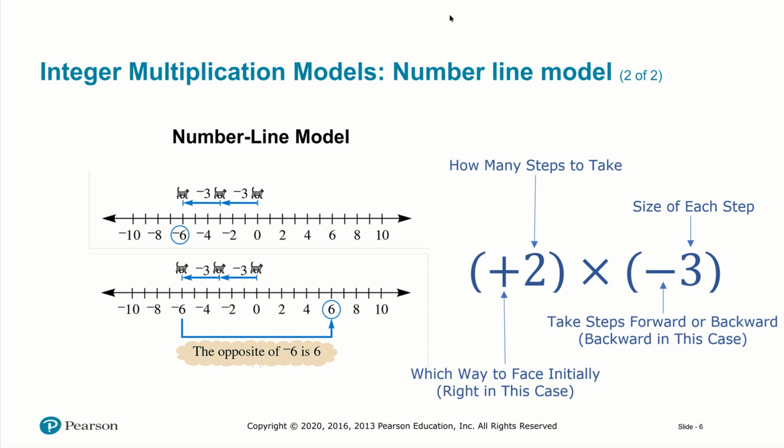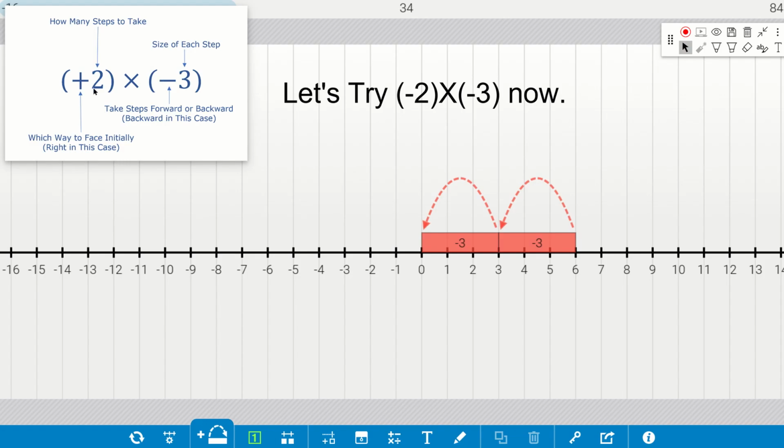I do want to take a look at one more example with this number line, of multiplying 2 negatives. So we've already seen +2 times -3, and now we're going to take a look at -2 times -3. So remember that this sign is the way you're going to be facing initially. Now this one is negative, so that means we're going to be facing left this time initially.